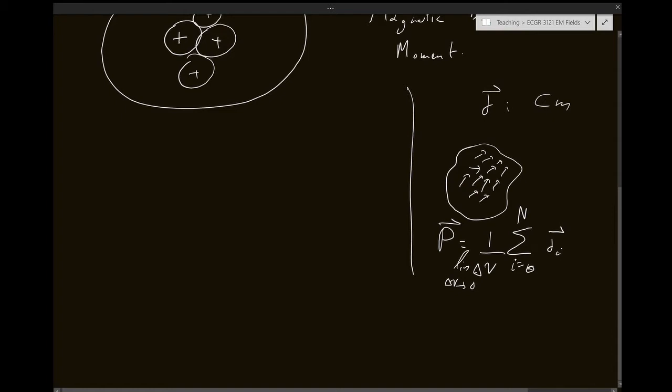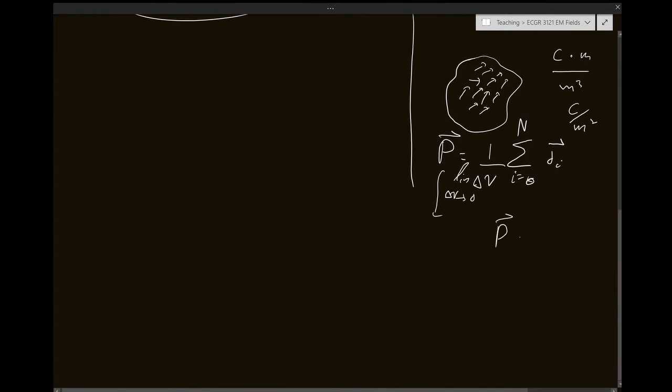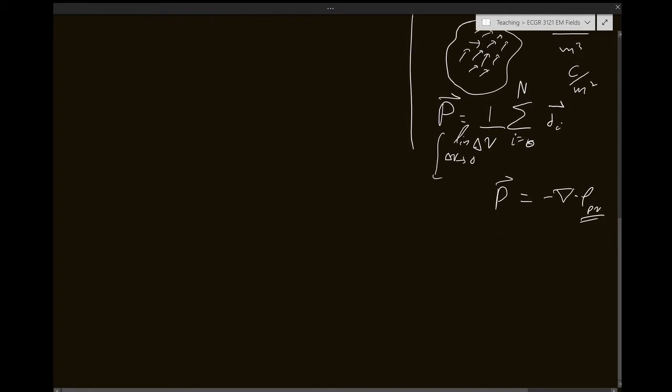So the polarization vector is an electrical dipole moment density, so to speak. And it turned out to have the same units as the electrical flux density. If I take Coulomb meter divided by meter squared to get the density, I get Coulomb per meter squared. Ultimately we did a calculation where we found that rho PV, what we call the bound charge distribution, is related to the divergence of P. We examined the space where polarization is occurring, and depending on the nature of the polarization, sometimes a charge density will appear.